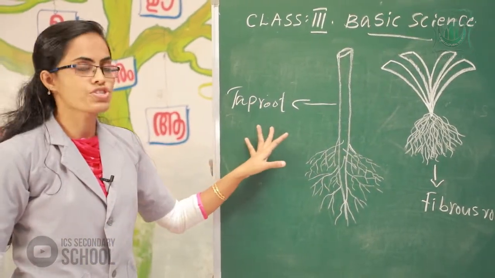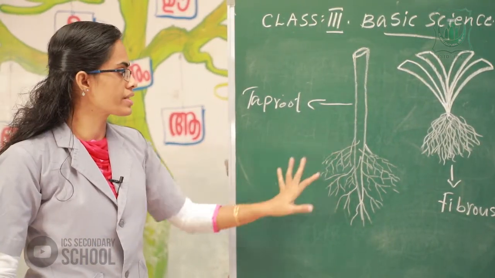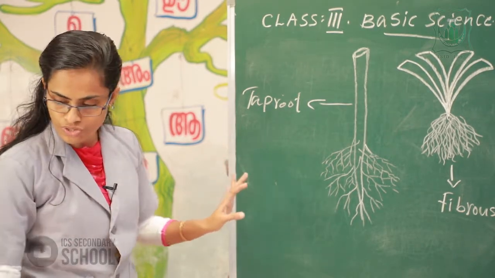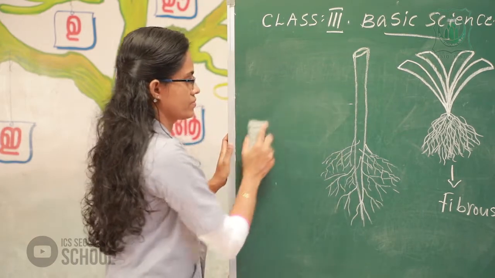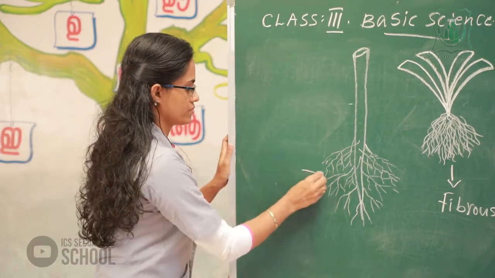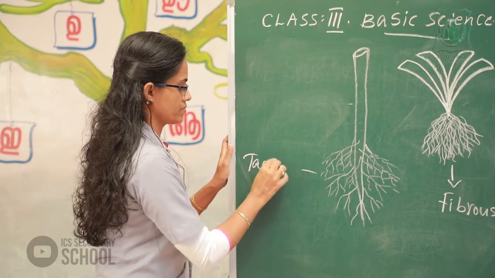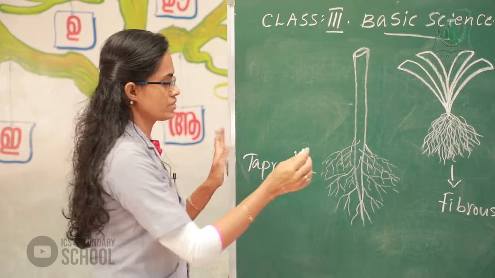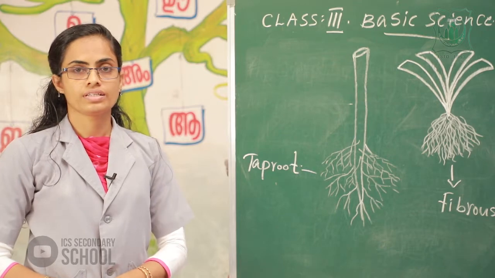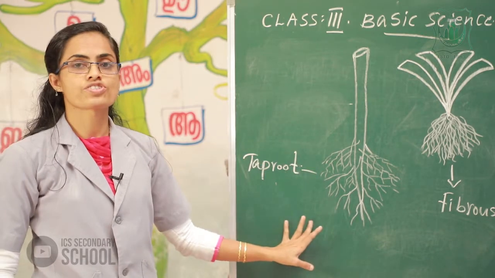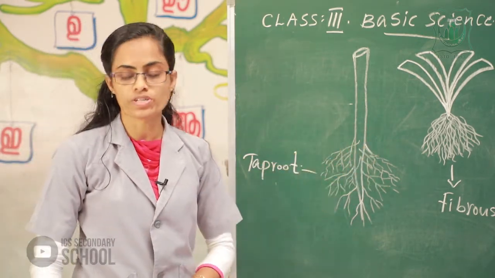Listen here, there are two types of root, taproot and fibrous root. Then what is the difference between taproot and fibrous root?